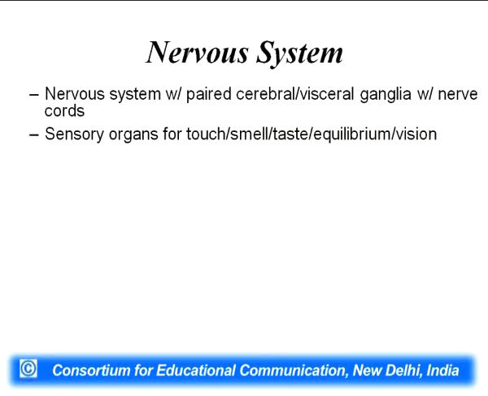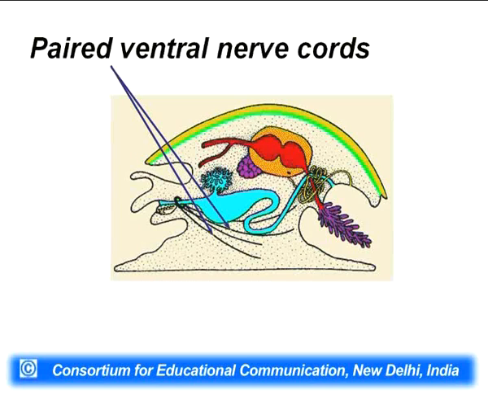In the case of the mollusks, they have got well developed nerve cords which are generally paired, and these paired nerve cords bear a number of ganglia.